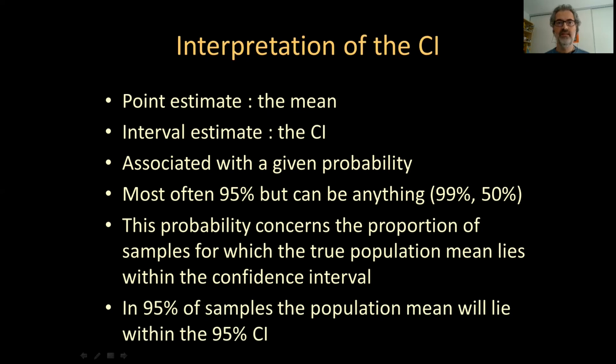And the fact that this confidence is directly related to sample size means that we can adjust the confidence by changing our sample size. If we want to be more precise, we need to sample more individuals, and we can calculate how many we need and how much that will increase our precision.